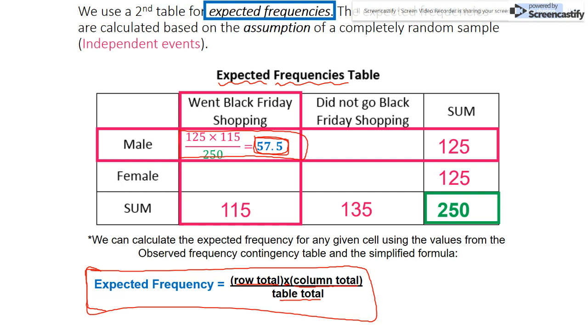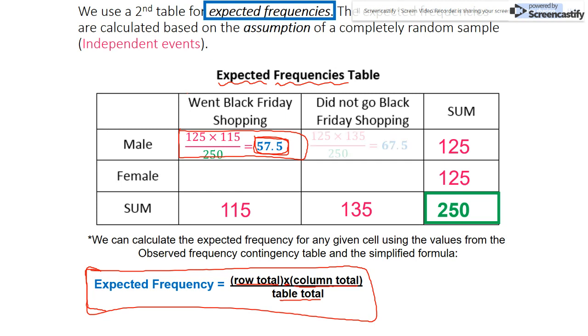Okay, so I'm going to do those same calculations for the next three cells. So the other cells in the same chart, I need to make that same calculation, but the values change. So in the next calculation, I'm now using still the row total, so it's still the same row, so 125 times 135, which is this column total, and then still divided by the table total, so 67.5.